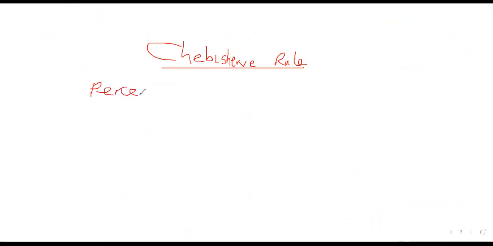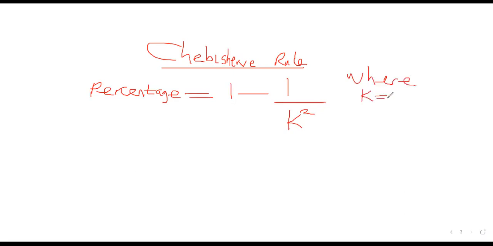Our percentage is given by 1 minus 1 over k squared. This is only the Chebyshev rule, please, and k is a constant number. It can be 2, but it's not negative.